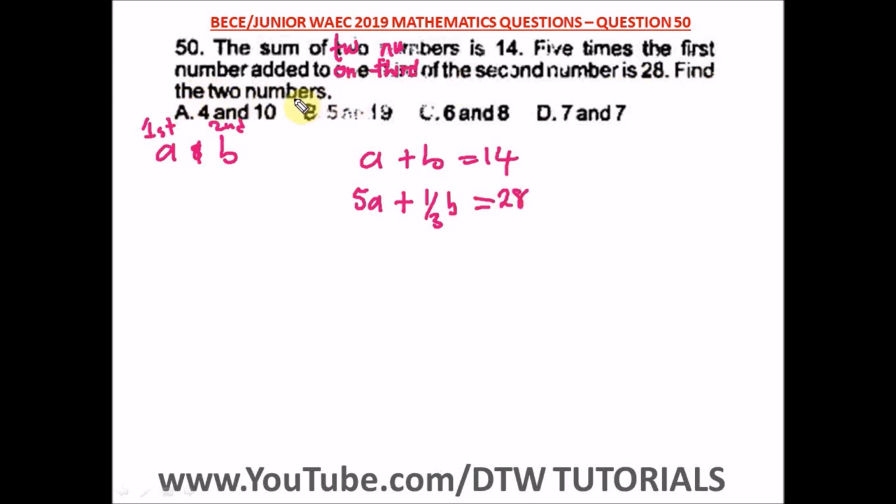Find the two numbers. You can see this now is a simultaneous equation from word problems. So we have to find A and B.